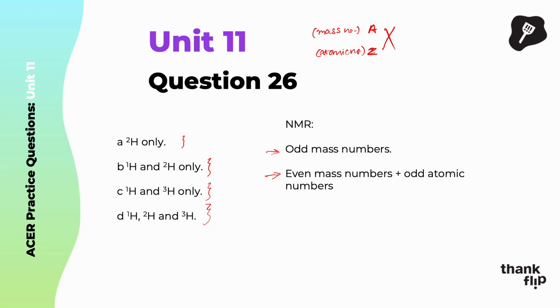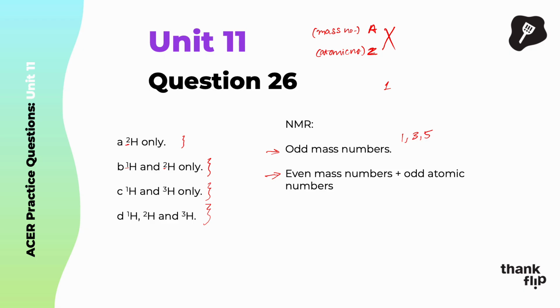So you have an odd atomic number, and what does that tell you? If you have odd mass numbers, so this is even, this is odd, this is even, etc., then you're going to get NMR.